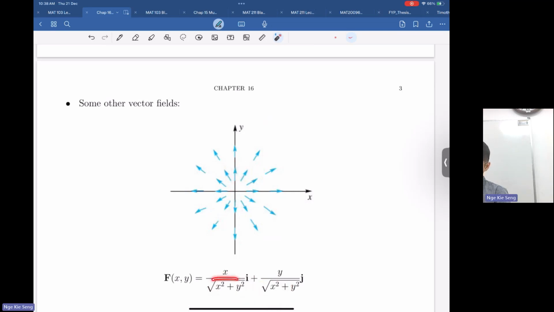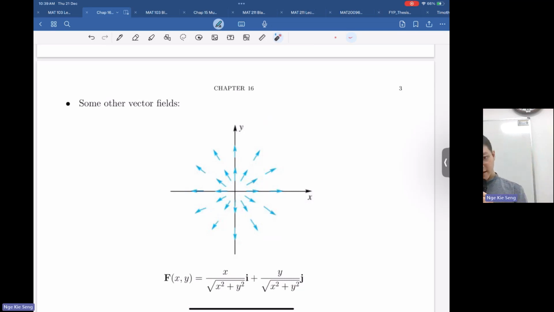Actually, I divide by the length of my vector, meaning I have a unique length at each point. So I normalize the vector.